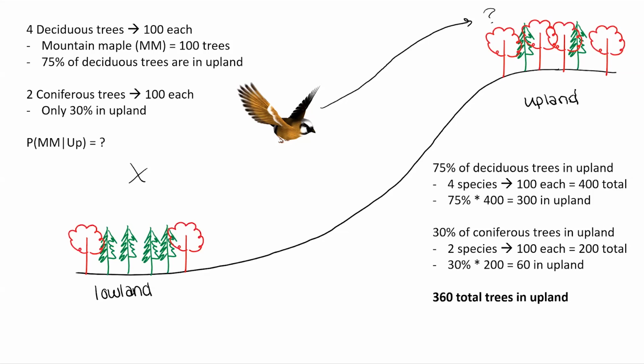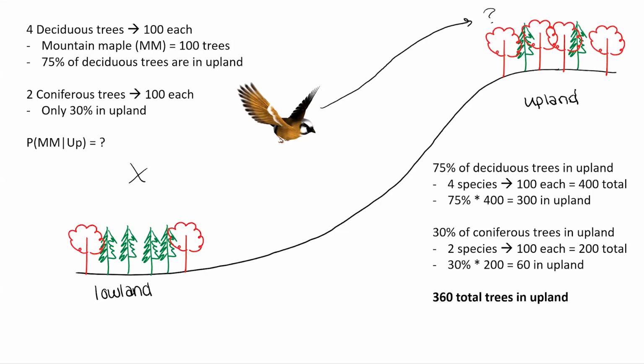I'm aware that there are 100 mountain maple trees in this forest. What's the probability a bird landed on one of those out of the 600 trees? Well, that would be 100 divided by 600, which is approximately 0.17. That's the approximate probability a bird would have landed on a mountain maple tree in general if I didn't know where it landed.